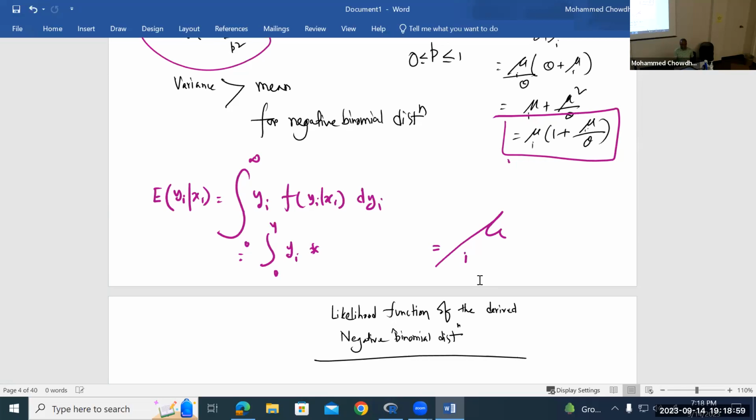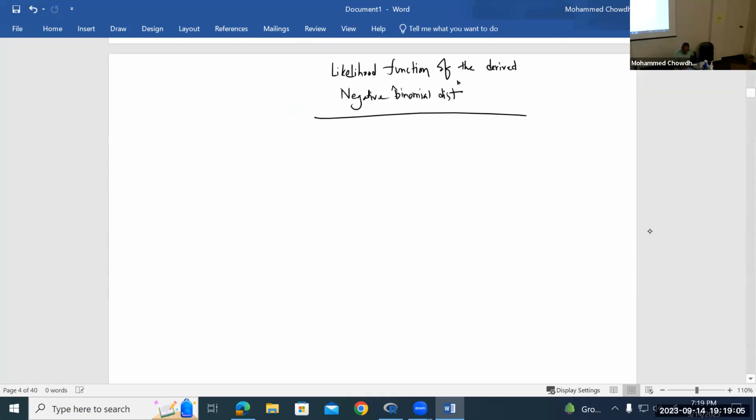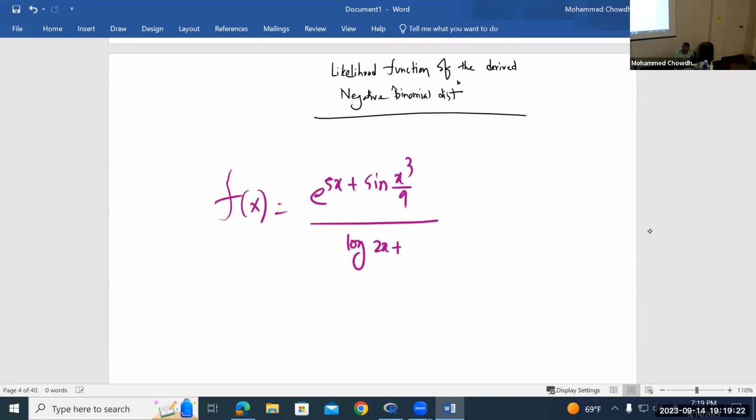For example, any function, if I give you, can you integrate that analytically? Suppose I give you this, integrate it: f of x equal to e to the power 5x plus sine x cubed over 9, divided by log of 20x plus e to the power x.